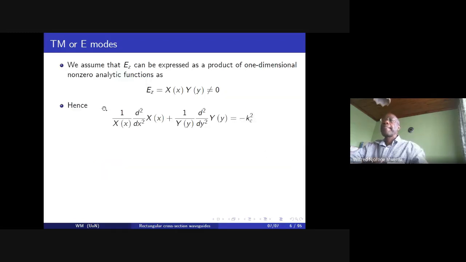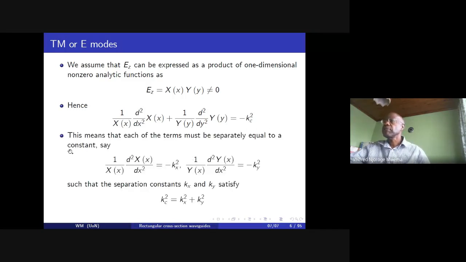So now once we throw this into the Helmholtz equation, we can see that the two components, that is the x derivative and the y derivatives, separate out. And the only reason this can be equal to minus kc squared, which is a constant, must only be because this term is equal to a constant, and that term is equal to a constant, so that the sum of the two constants is equal to minus kc squared.